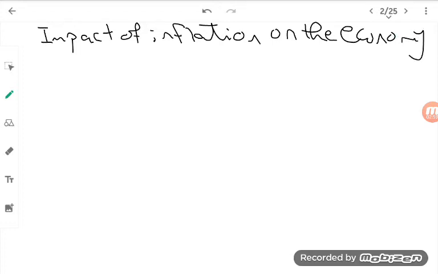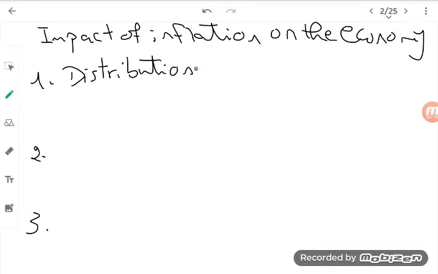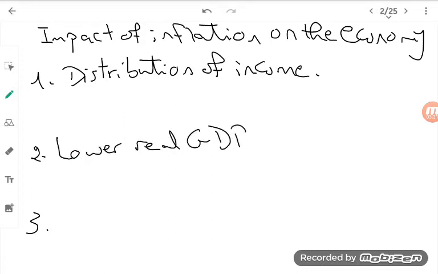The increase in the general price level, or inflation, has three different impacts on the economy. Number one, it affects distribution of income. Number two, lower real GDP and employment.